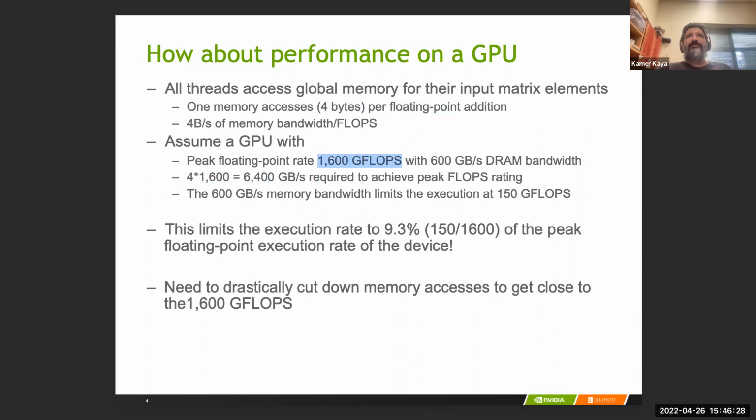So this limits the execution rate to around 10% of the peak floating point execution rate of the device. We need to drastically cut down memory accesses to get close to the 1,600 gigaflops.